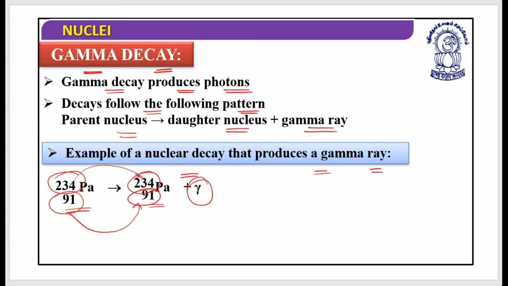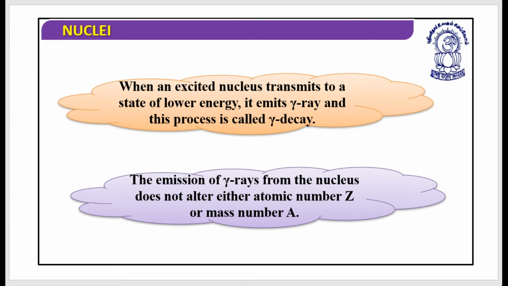It is just the release of energy when the nucleus goes from one energy level to another energy level. So when an excited nucleus transitions to a state of lower energy, it emits a gamma ray, and this process is what we call gamma decay.